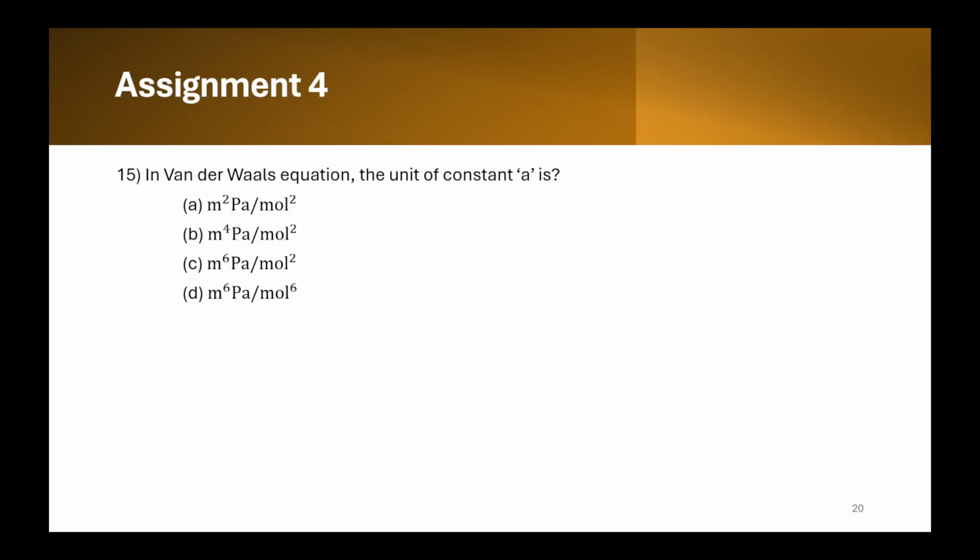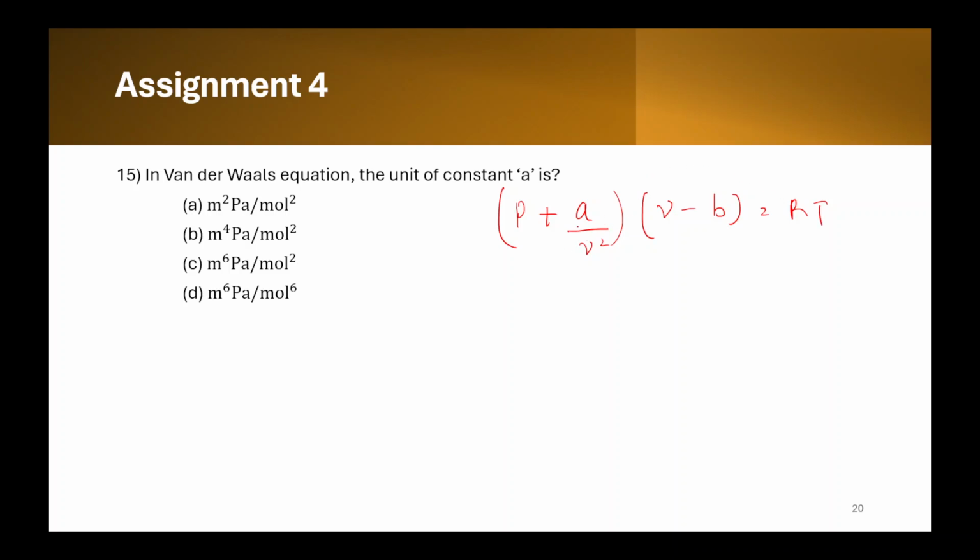Next question. In van der Waals equation, the unit of constant A. So we'll write the van der Waals equation first. P plus A by V square into V minus B is equal to RT.